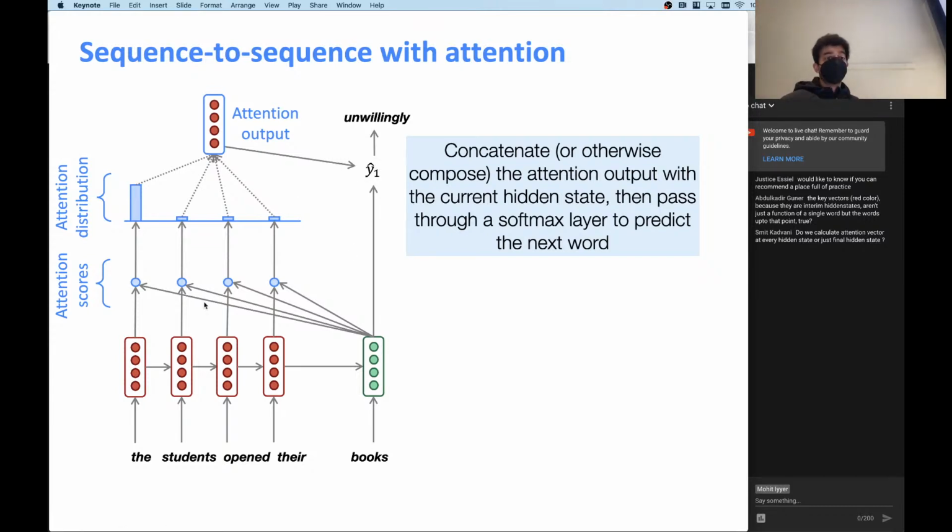If the network learns that this dot product should be high because it results in a better prediction of the next word, then the dot product becomes meaningful through the training of the network. But people have explored many different similarity functions for attention, not just the dot product. We'll see a lot of those later on in this slide deck.